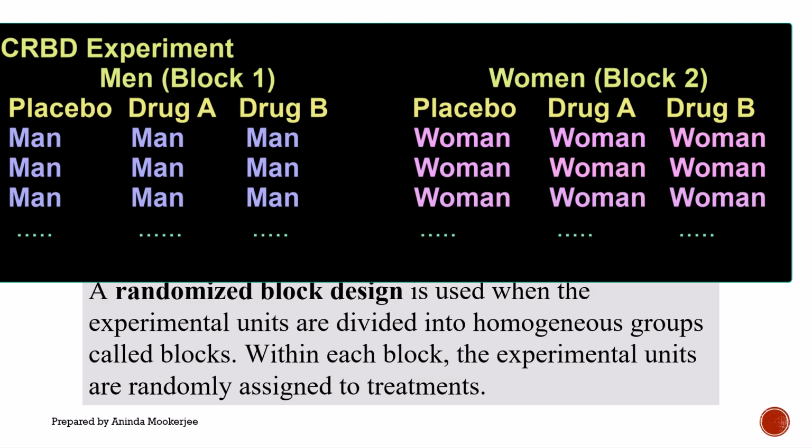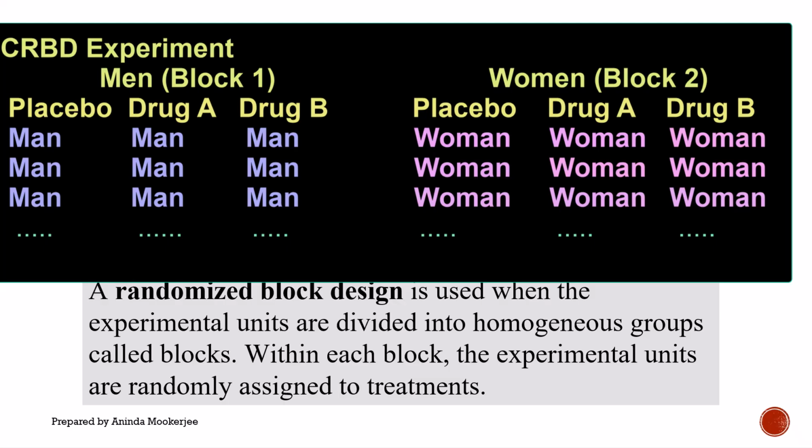So if we are working with a placebo and then drug A or drug B, if that's what we are trying to compare, then placebo, drug A, and drug B will be introduced for the group of men, and the same will also apply for the group of women.